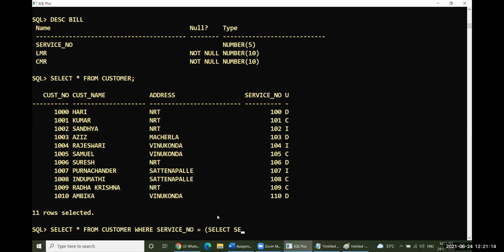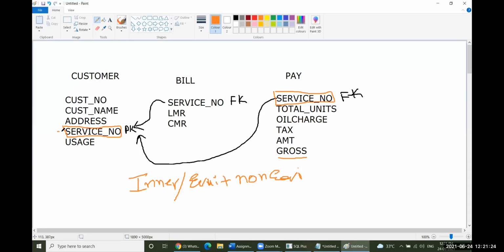Select service_number from pay, where we need to equalize this service number with this particular service number.